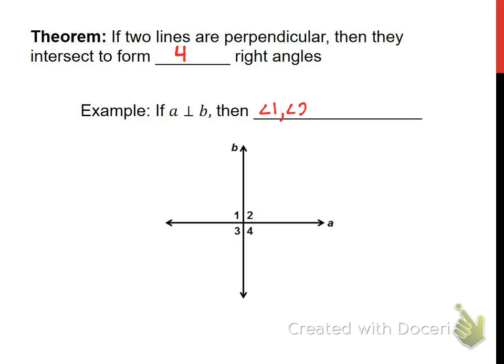So angles 1, 2, 3, and 4 are right angles. If they're all right angles, of course, we already know that they would all be congruent to each other. They all measure 90 degrees. Lots of other things that we can know from that information. I'm hearing lots of flipping, so I'm guessing we're ready to move on.